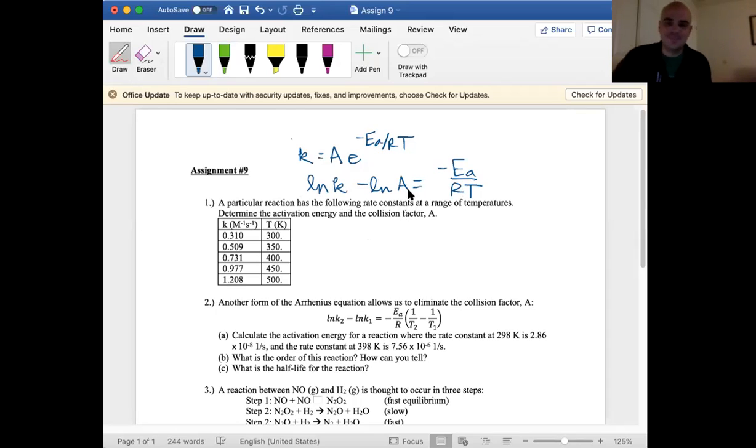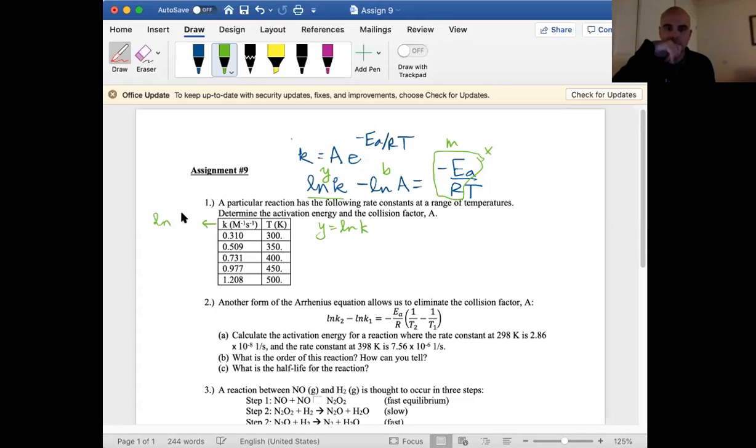So if we rewrite this, then we can use this as our y-axis, and this is our b, and this is our m and x. So y is equal to natural log of k, and so that's what we're going to do with these k values.